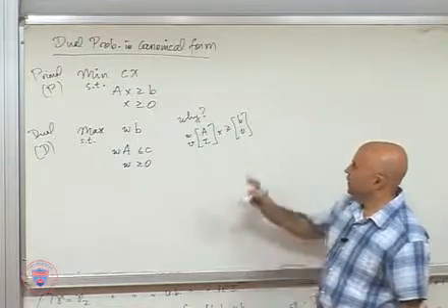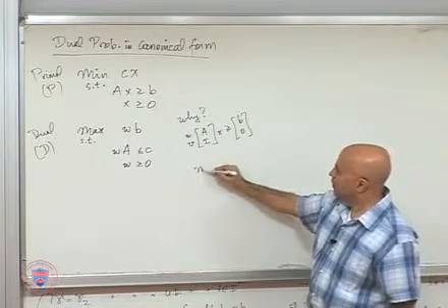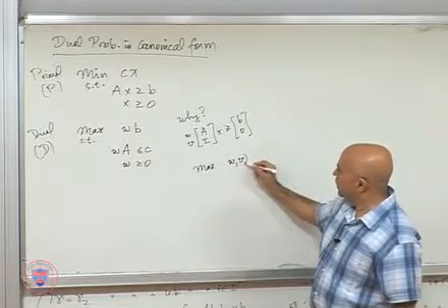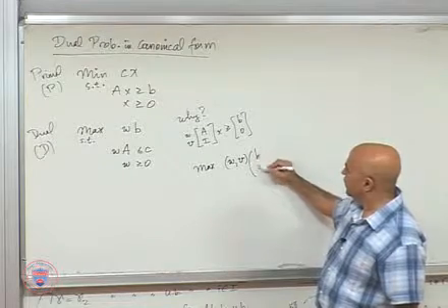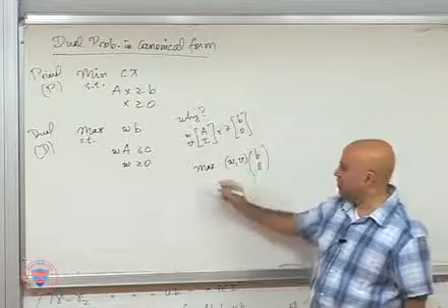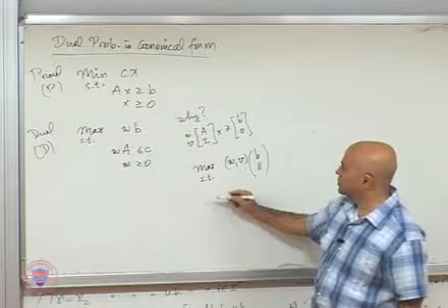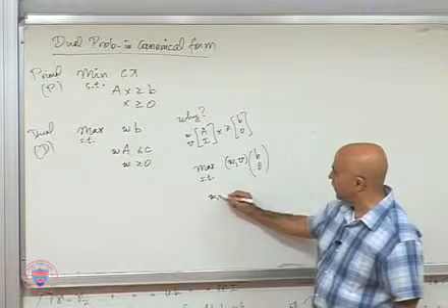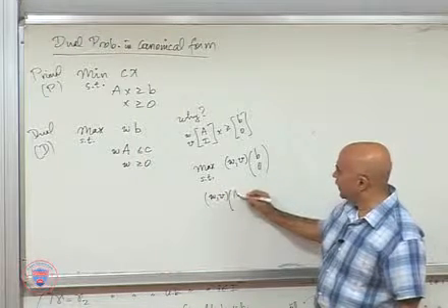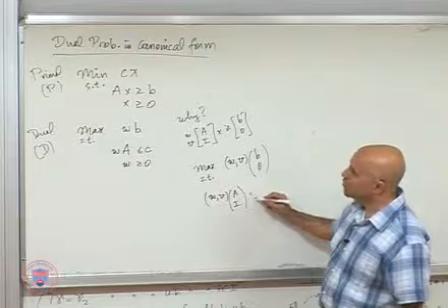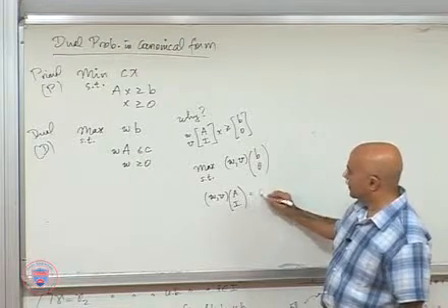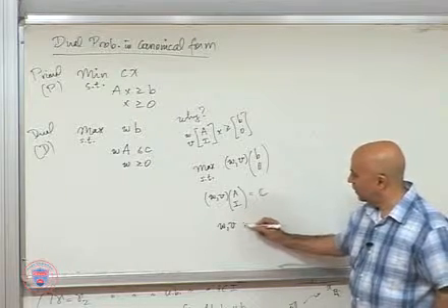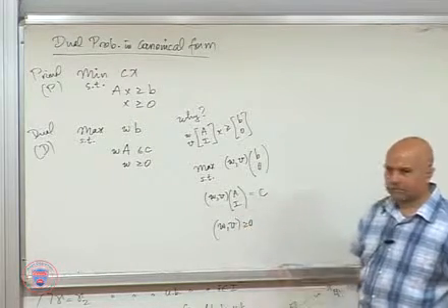If you apply the idea, you have maximization of W and V times this vector, subject to WA equals C. What is WA? In this case, it will be W and V multiplying A and I equals C, with W and V being non-negative as a vector.